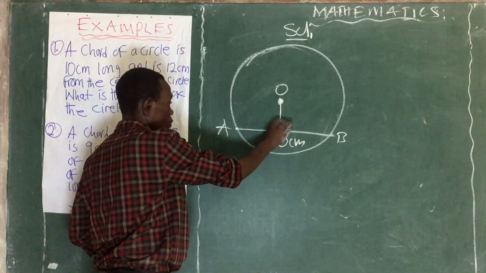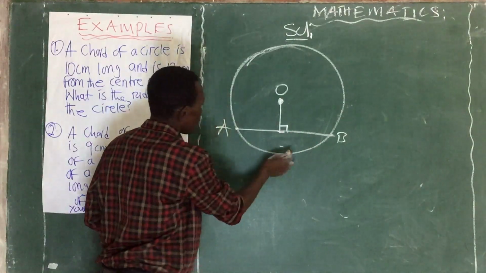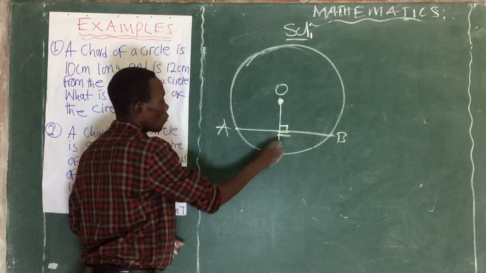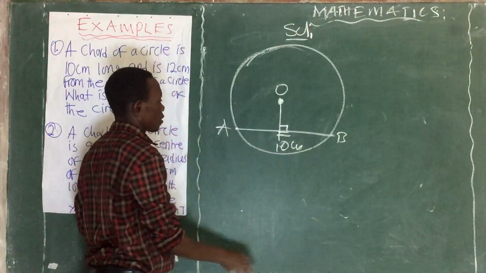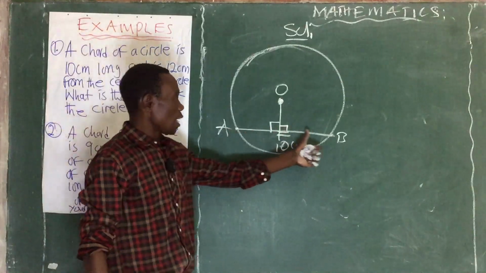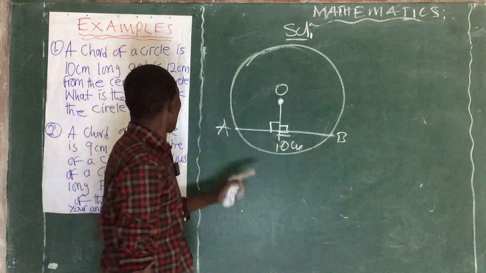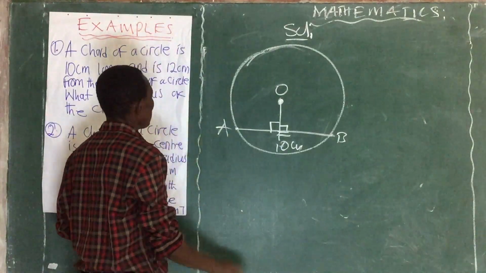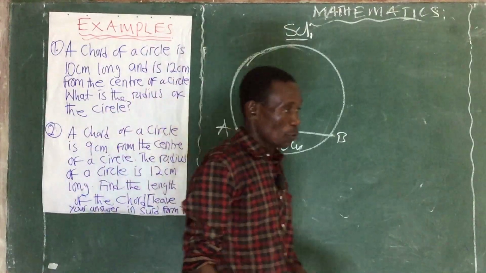I'll write this point as F. The distance of A to B is 10 centimeters, so OF should be perpendicular to AB, because it is the distance from the center of the circle to the chord. And that line is given as 12 centimeters.